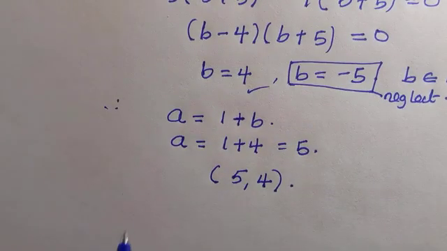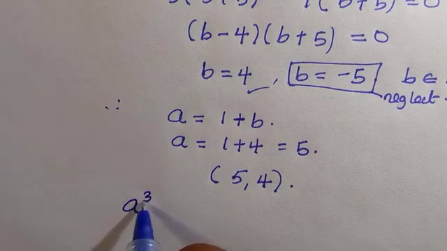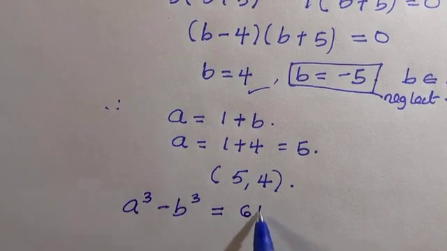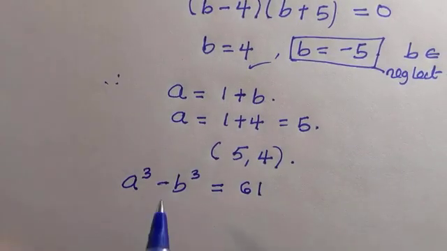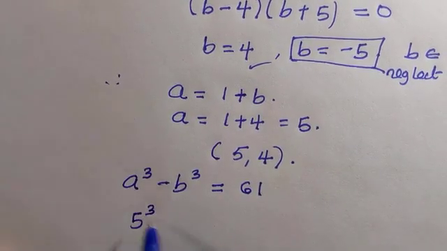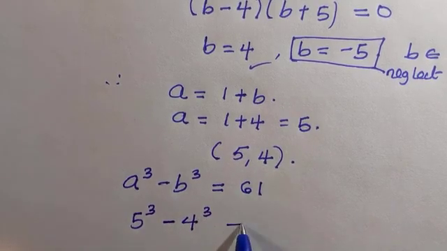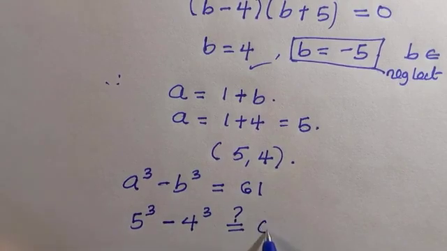To check, we have a cube minus b cube equals 61, obeying the question. a is 5 raised to power 3 minus 4 raised to power 3. Is it equal to 61?